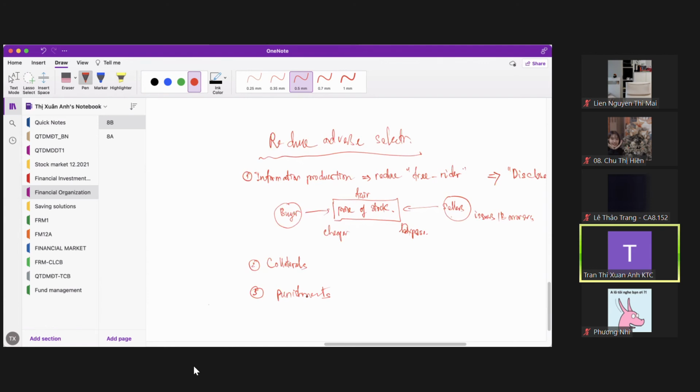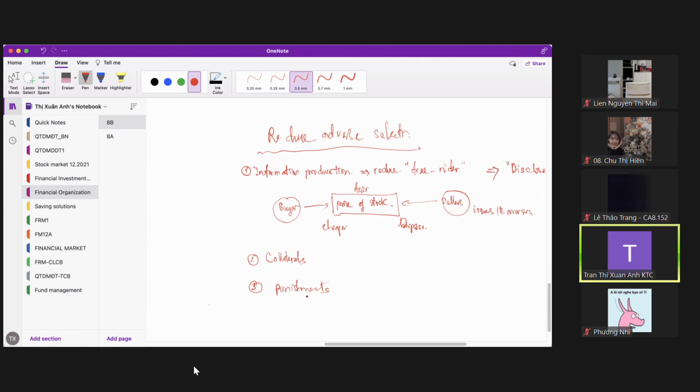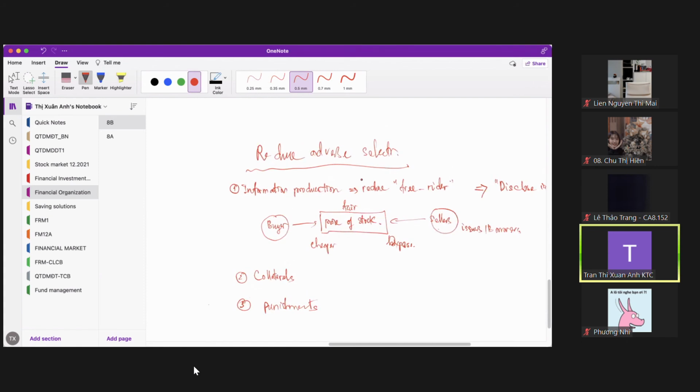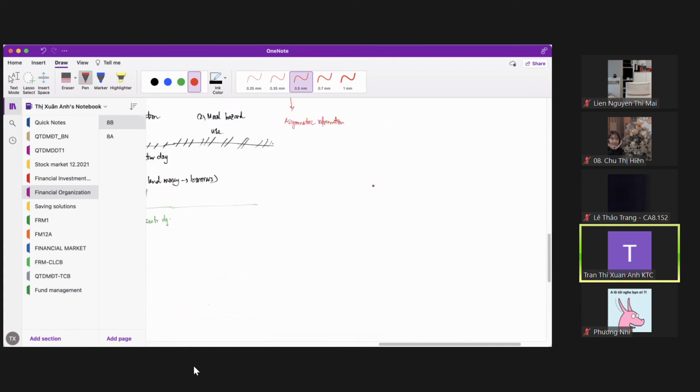There is a case study from some weeks ago, where a guy selling stock belonged to insider trading, but when they sold the stock, they did not tell the public the information. That is what we call cheating activities. After that, the guy received a punishment from the securities commission. So that is some of the solutions to reduce adverse selection.